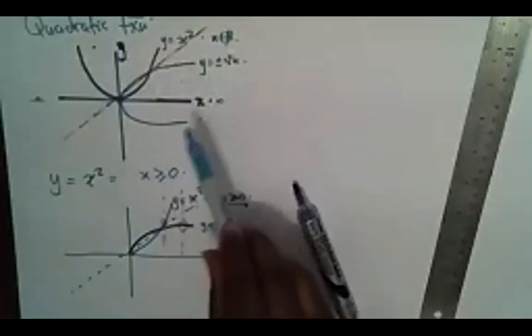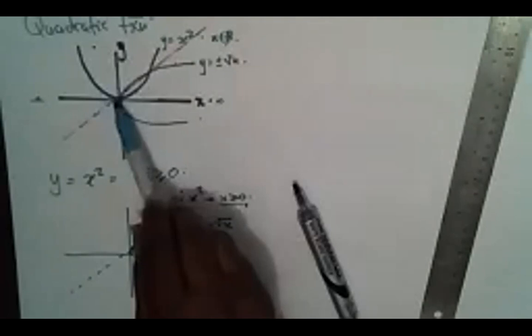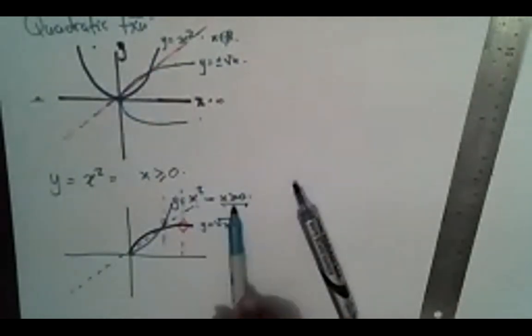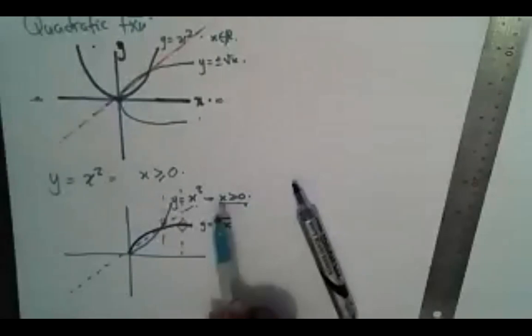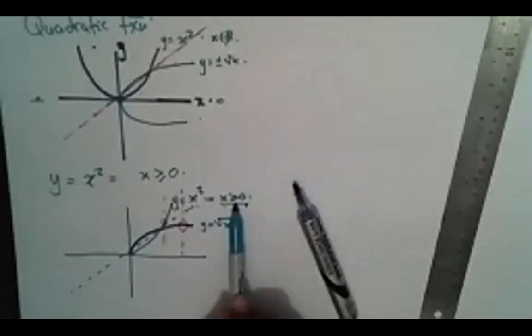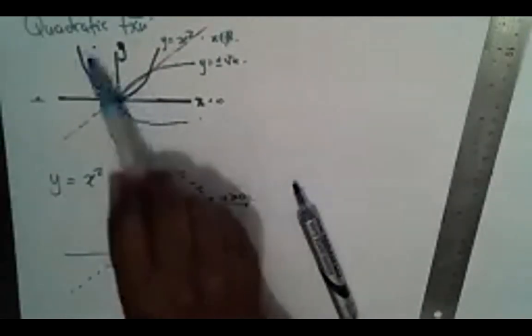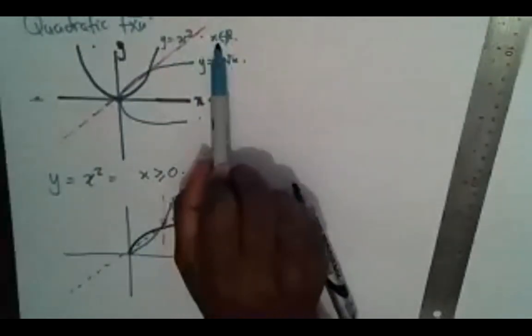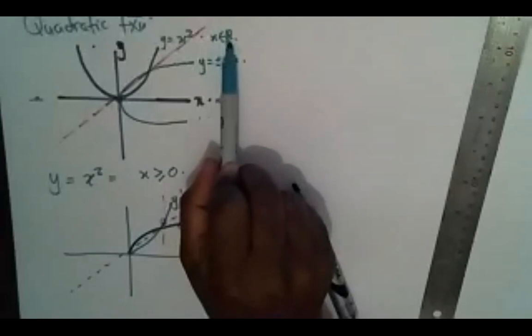But if I decide to say, okay, I only want my x to start at 0 for the original function, that's why I'm saying x is greater or equal to 0. Because with this one, y is equal to x squared, and x is an element of real numbers, it's starting from negative infinity to positive.